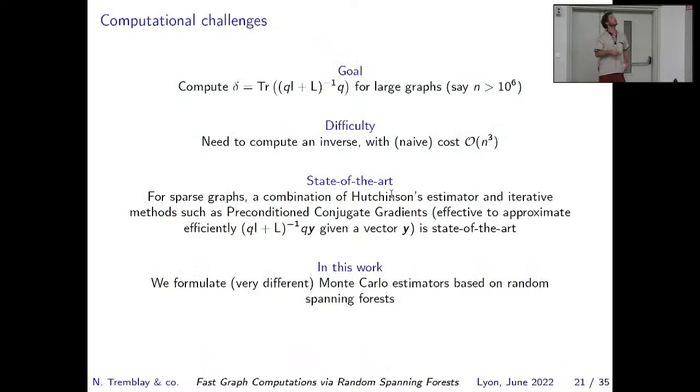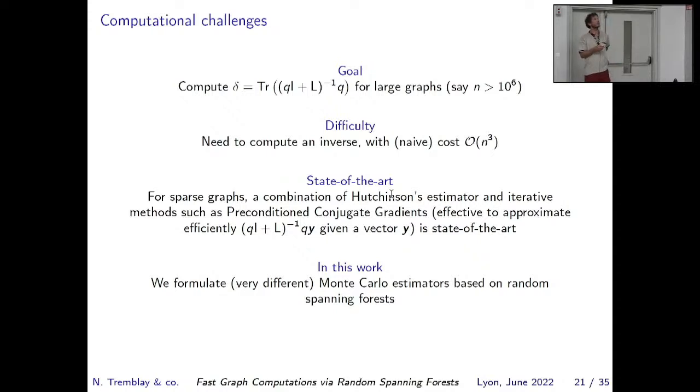So this is the presentation slide, let's say, of the actual work that I'm going to present. So the goal, once again, is to compute this inverse trace for large graphs, say n superior to 1,000,000. So you need to compute an inverse, which is out of the question here.